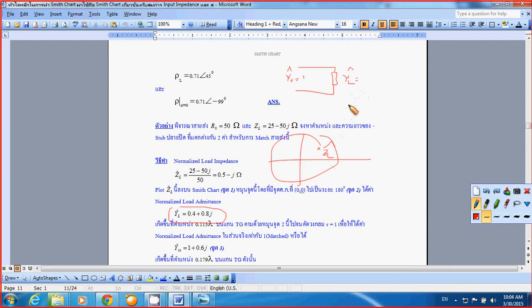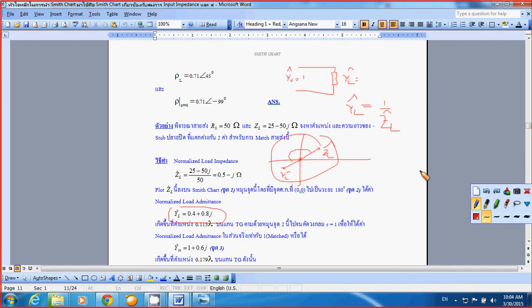Your load admittance normalized simply equals 1 over the normalized load impedance. So actually you're going to have a phase difference of 180 degrees, or 180 degrees out of phase. So you need to take the reference point here, the center of the Smith chart, and then draw a line, and you find YL is going to be at this point. It's 180 degrees out of phase, okay?